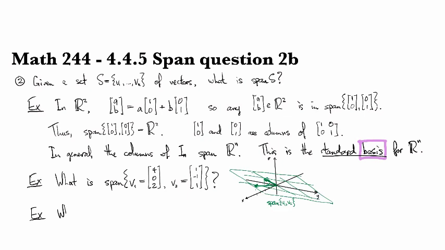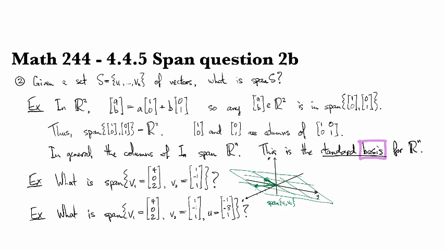So you can also ask, what is the span of the same stuff as before, but then we'll also throw in, let's call it u. And u will be (-1, -3, 1). All right, so what is the span of these guys?